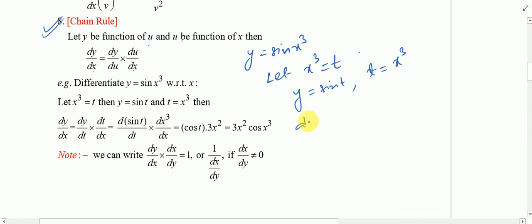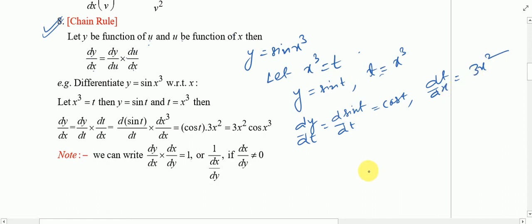Now you can differentiate y with respect to t, so you get cos t, and differentiating t with respect to x, you get 3x square.